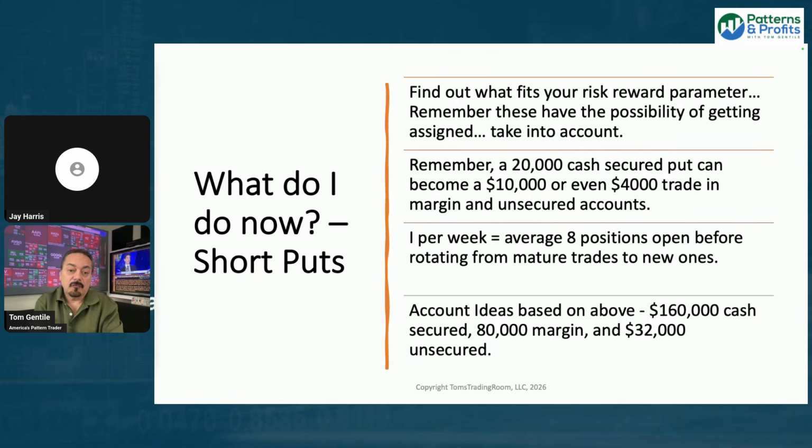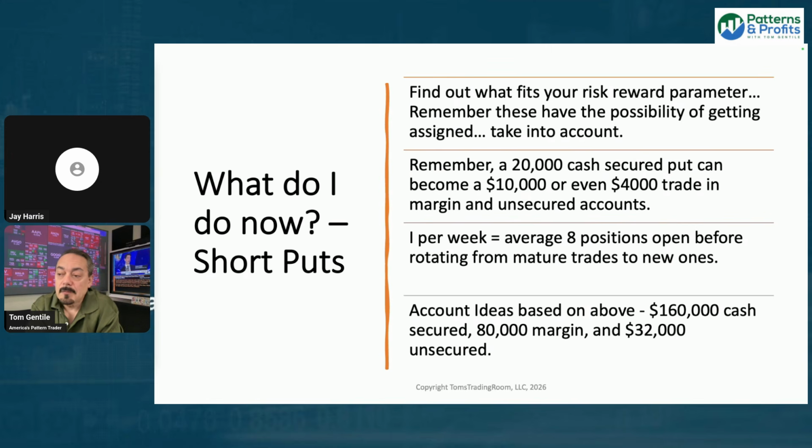That's if you let them expire. Sometimes what I like to do is when I get down to that 90% and it's got a lot of time until expiration, I'll take it off, and it releases that cash obligation that I can put towards something new.